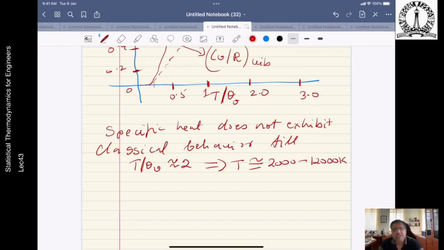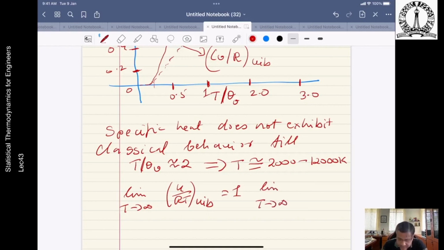In other words, smooth, full excitation of the vibrational mode to replicate the classical results will be in the limit T approaches infinity, where U by RT vibrational is equal to 1, and CV by R vibrational is equal to 1. So it requires very high temperature.